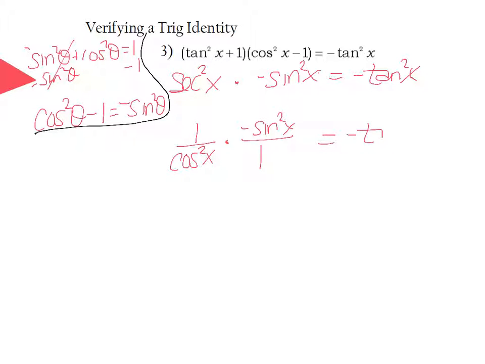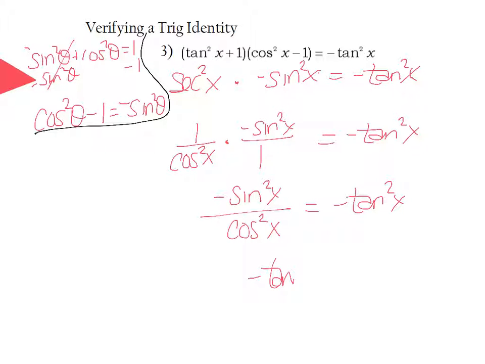And when you see it like that, hopefully you can recognize that when I multiply my two fractions together, it's going to look like this, which happens to be negative tangent squared x. So I think I'm there. Negative tangent squared x equals negative tangent squared x.